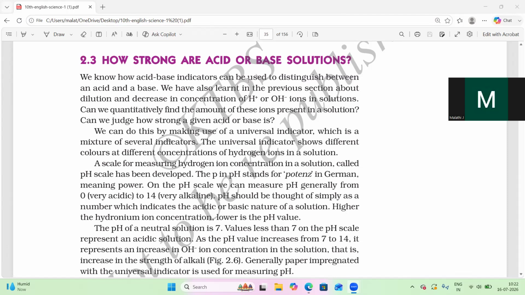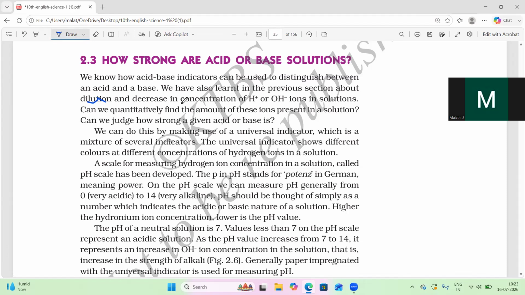Here, if you take dilution, there are two types of dilution. One is the dilute solution, another is the concentrated solution. What is a dilute solution?